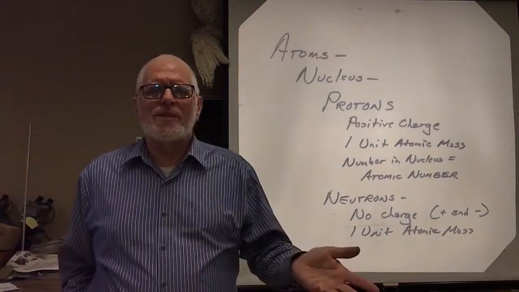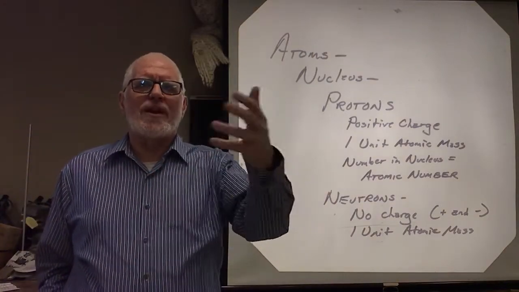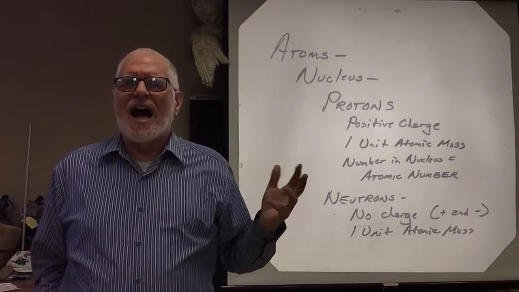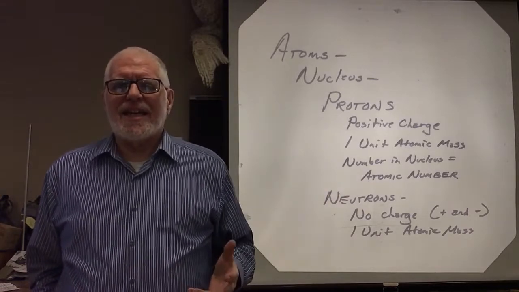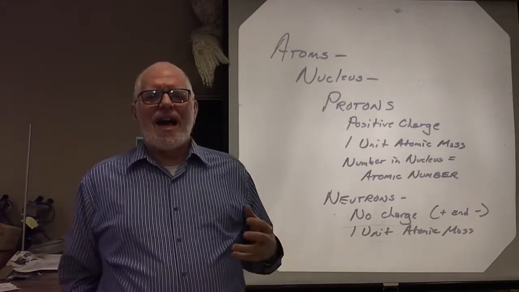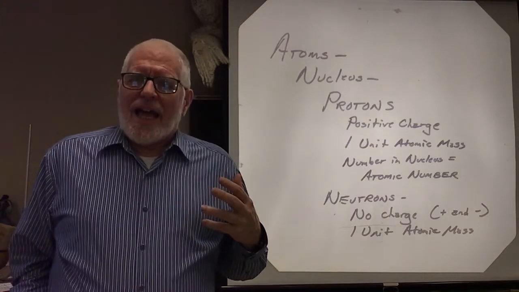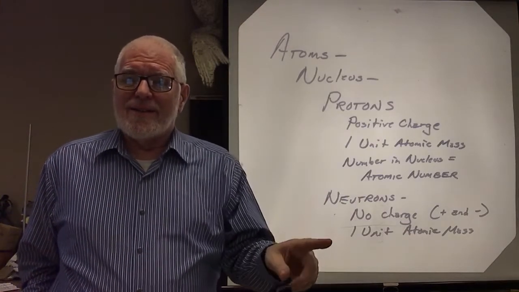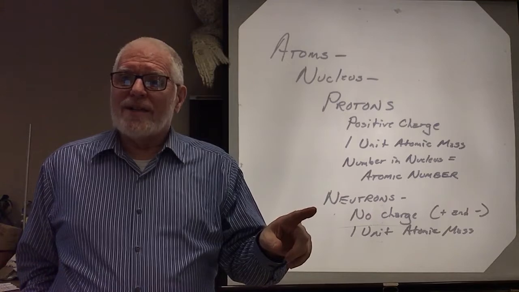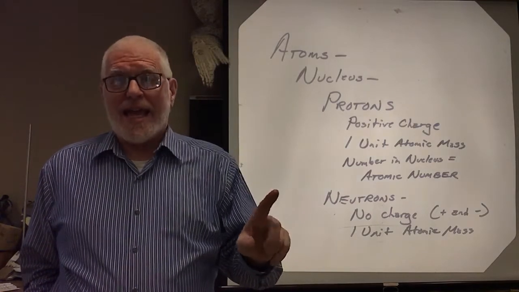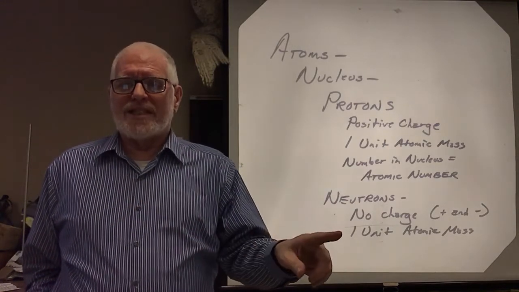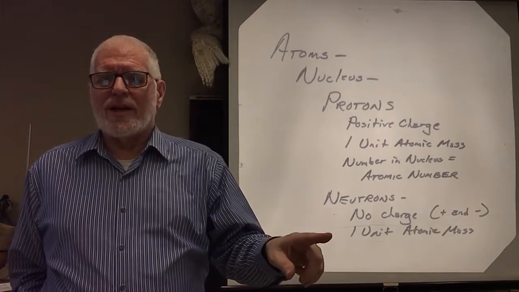And then the neutron's supposed to have a proton in it. So a proton's got a neutron in it, but a neutron's got a proton in it. It gets very, very confusing. A neutron has a proton in it and an electron, but it still is represented as 1 unit of atomic mass.